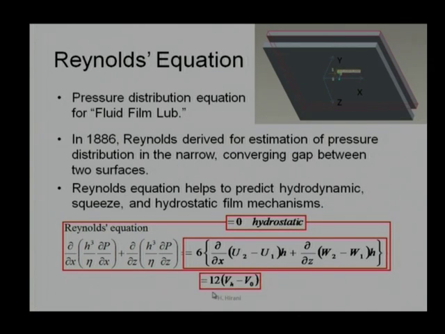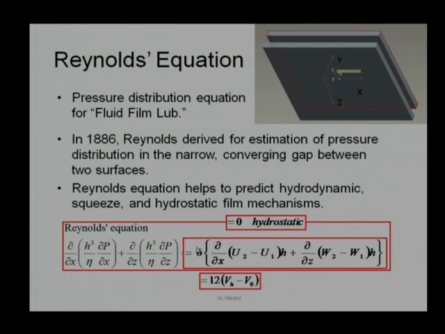Last one is the squeeze film, where the source term is in the y direction, while for hydrodynamic we were neglecting it, for squeeze film action we consider it.